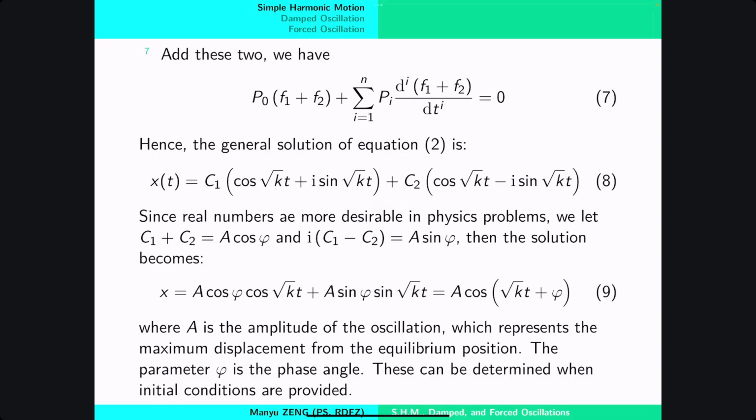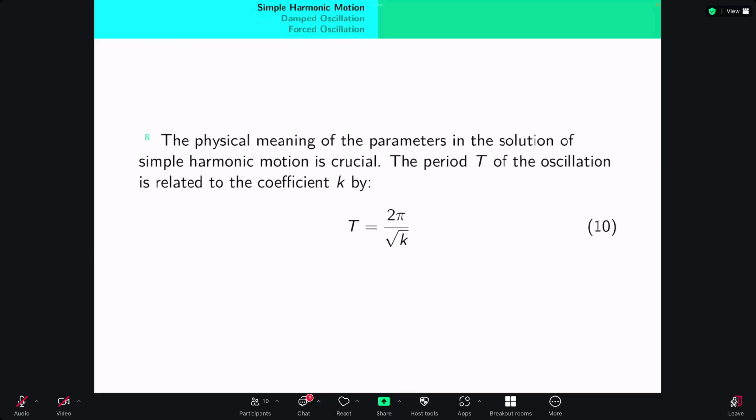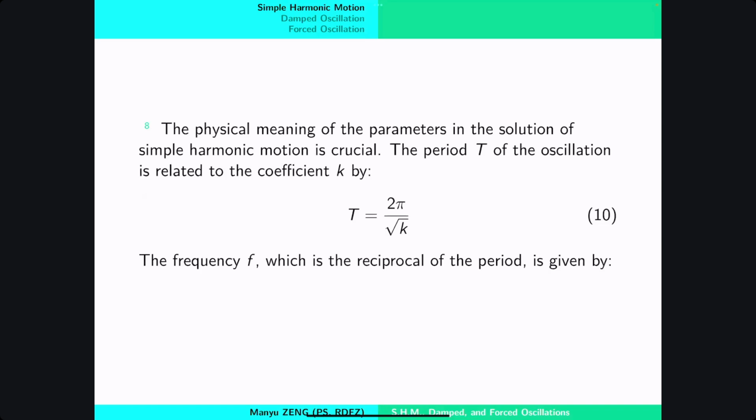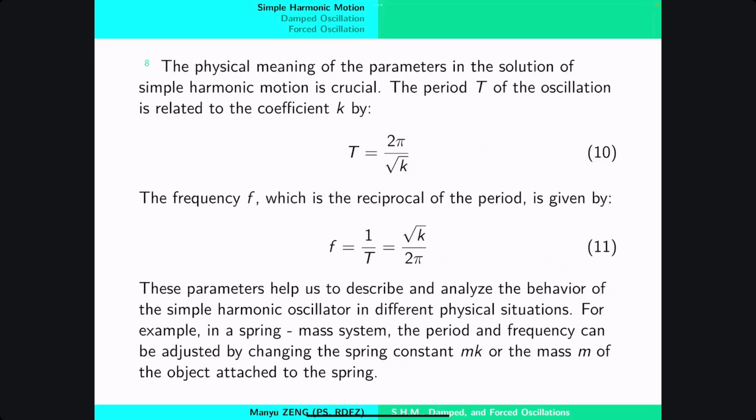We can easily determine that when the thing inside the bracket of cosine increases by 2 pi, it completes one complete oscillation, and the time elapsed is the period T. So the period is given by 2 pi over square root of k. And the frequency, which is the reciprocal of the period, is given by square root of k over 2 pi. So these parameters help us to describe and analyze the physical meaning of this oscillator.